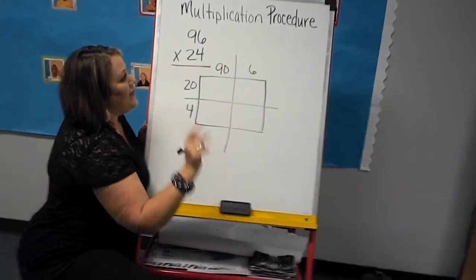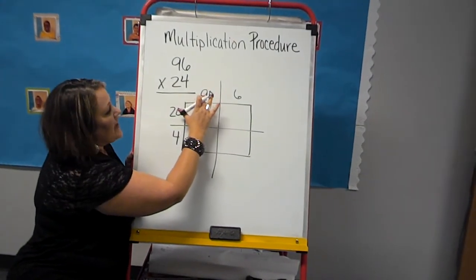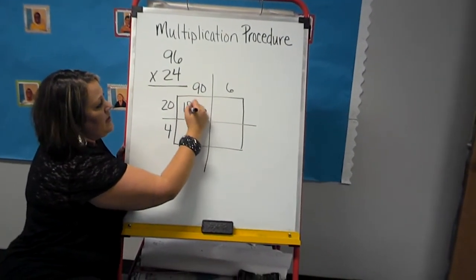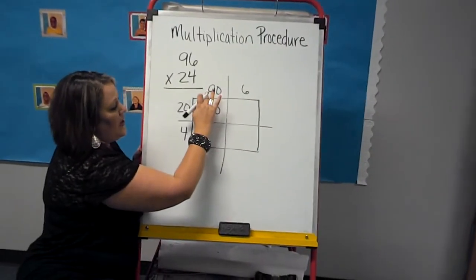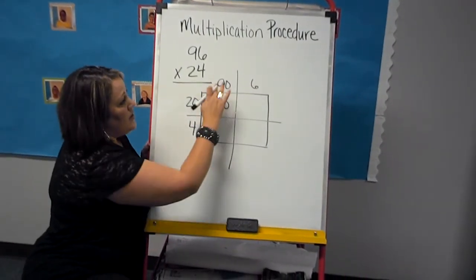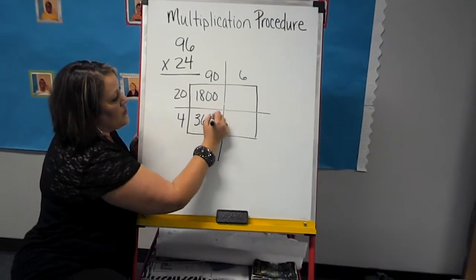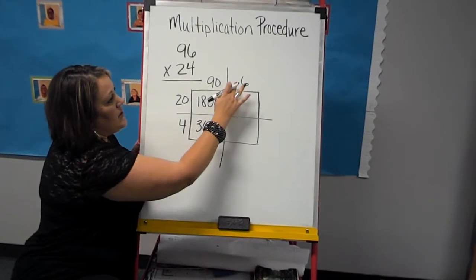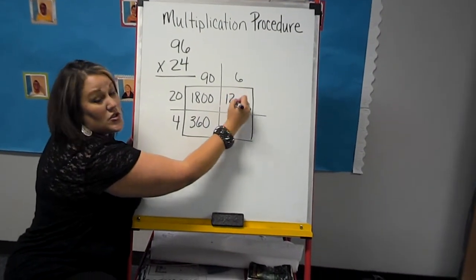Then we have these 2 to multiply first, and we're going to take 9 and 2, that's 18, and put the 2 zeros at the end. Then we have 90 times 4, so 9 times 4, 36. Put the 0 on the end. 6 times 20, okay? 6 times 2 is 12.